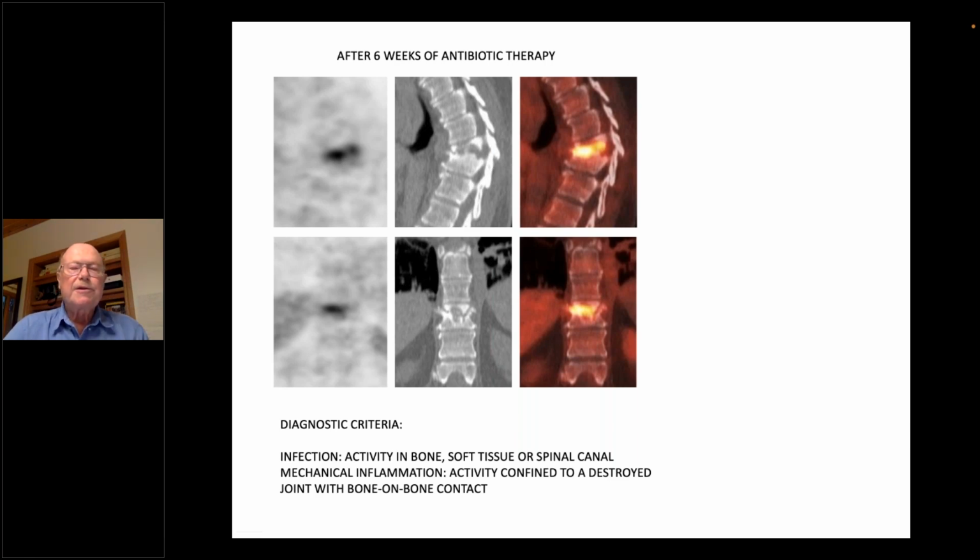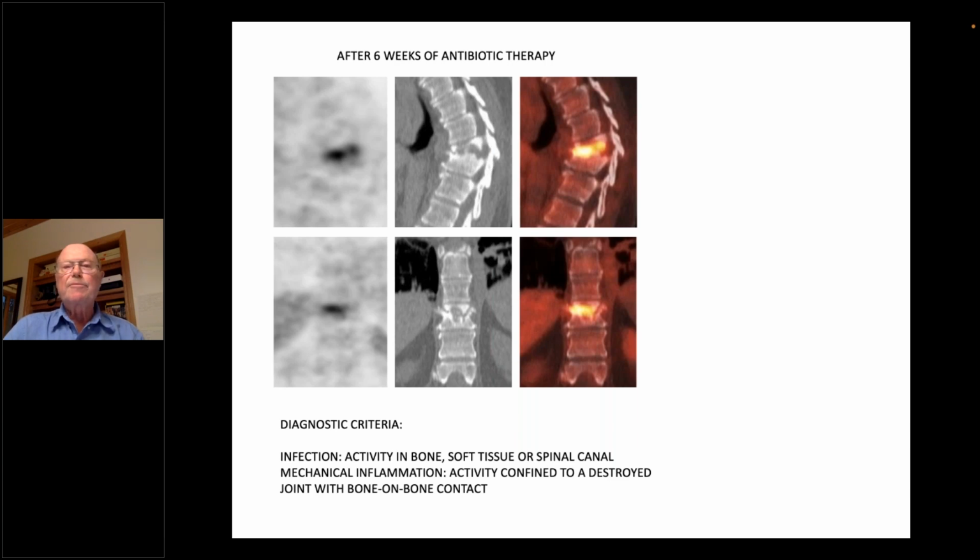So these patients had already completed their therapy or were at the end of the IV phase of the treatment and did not recur. So this can't represent residual infection, and we postulated that it must be some mechanically induced inflammation of the bone ends, basically grinding one on top of another, inducing the inflammatory response.